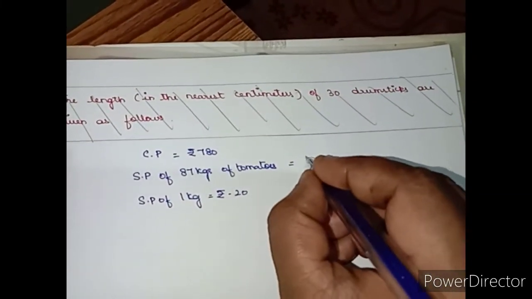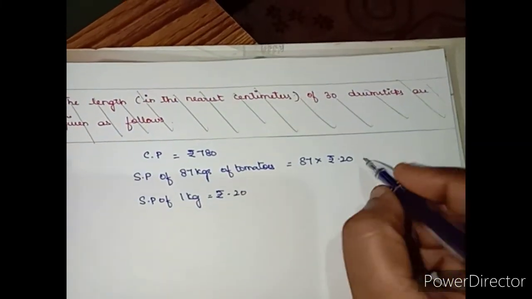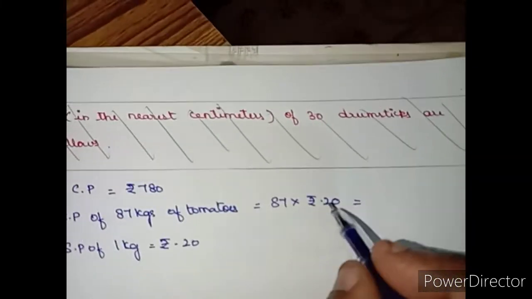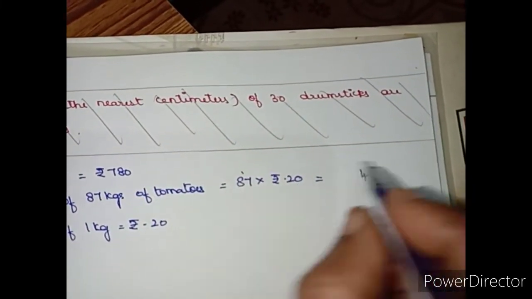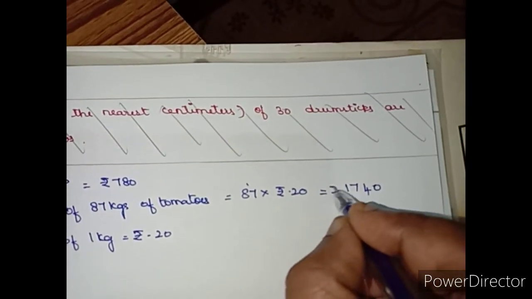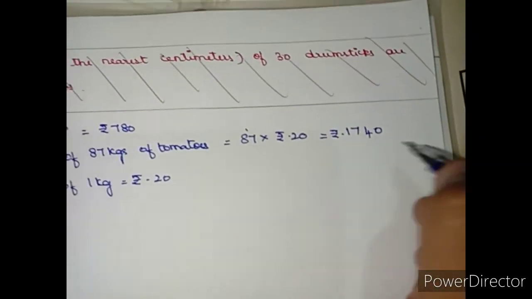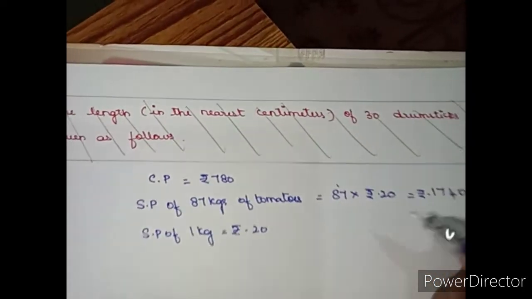So 87 into rupees 20. So what will be the SP? 2 sevens are 14. 2 8s are 16. 16 plus 1, 17. 0. 1740 rupees he is getting by selling these tomatoes.